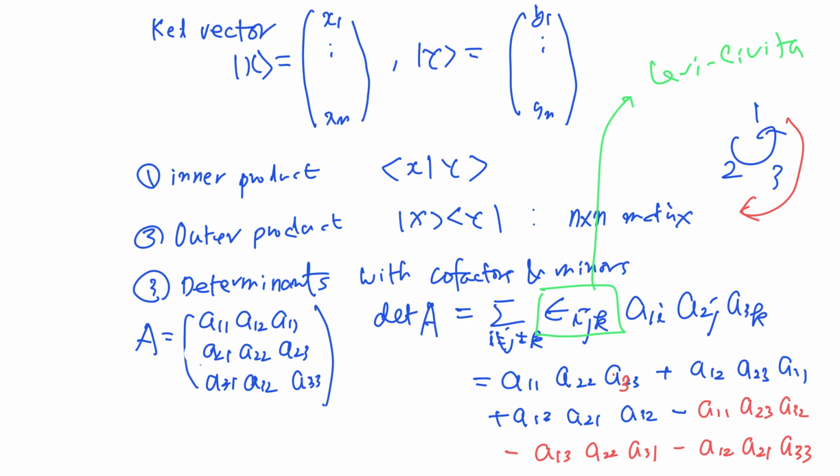And finally, A12, A21, A33. So this is even, this is odd. So for a 3 by 3 matrix, determinants can be calculated rather easily.